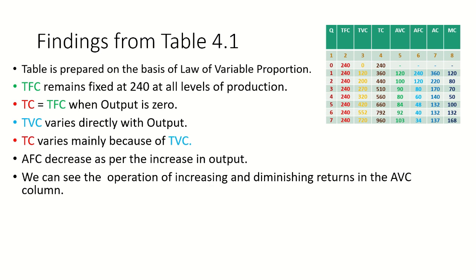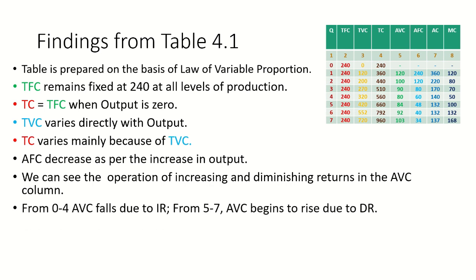First it is 120, then 100, then it reduces to 90, 80, and then again rises to 84, 92 and 103. So we can see the operation of increasing and diminishing returns in the average variable cost column.